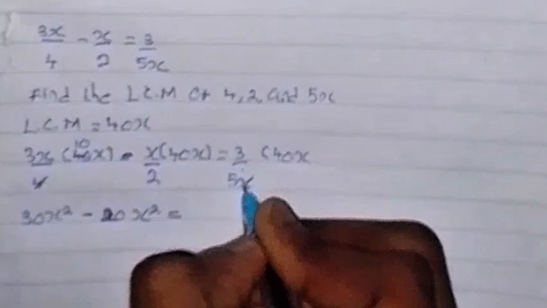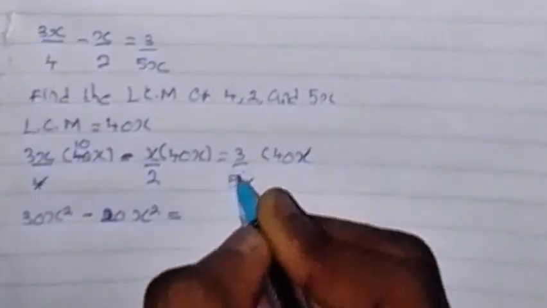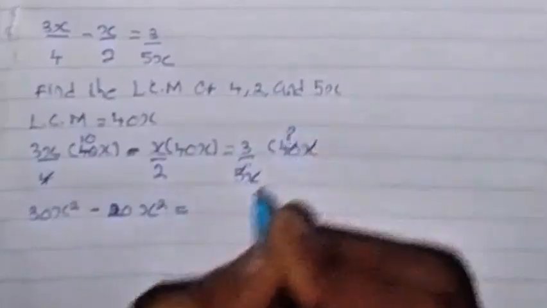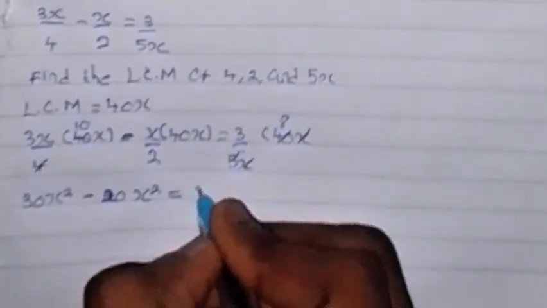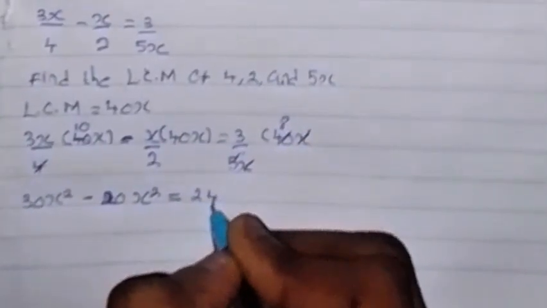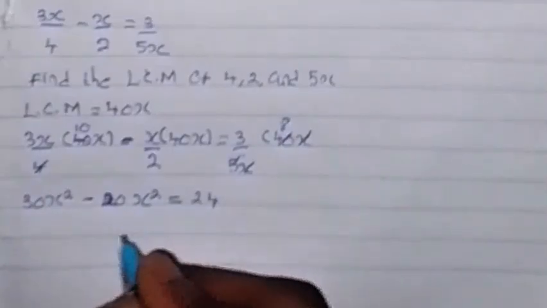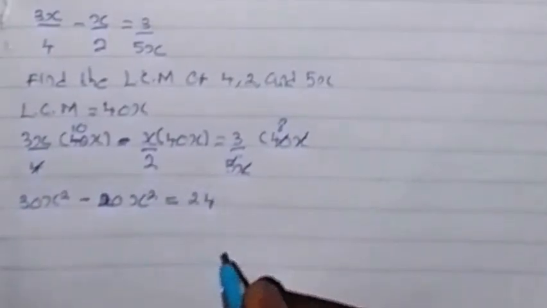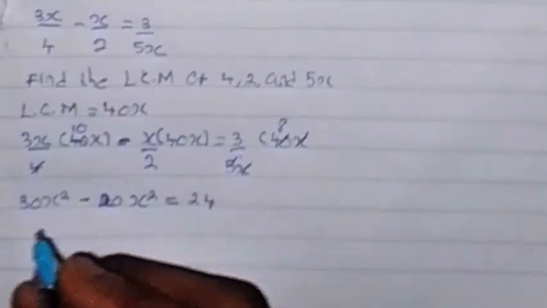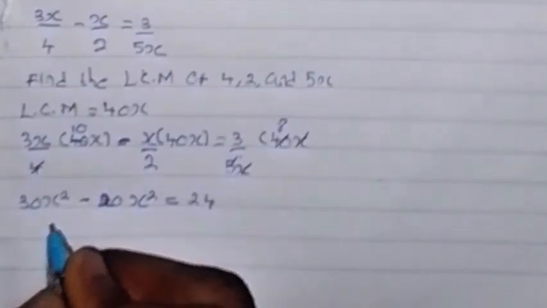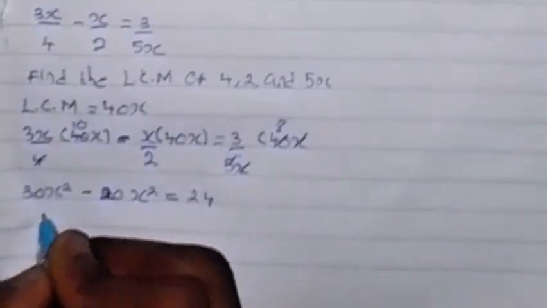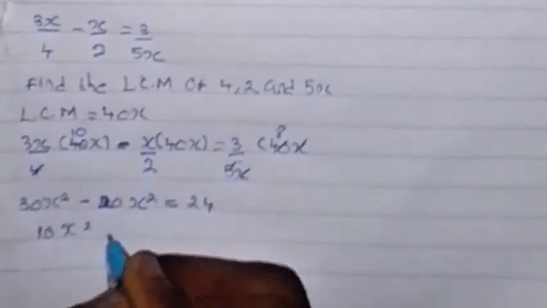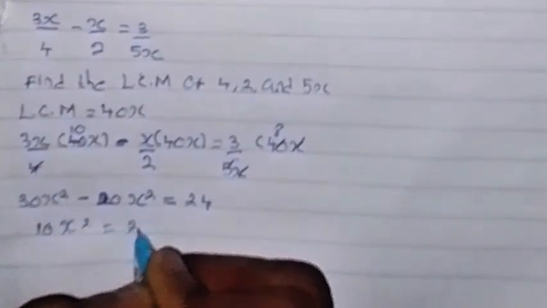Here, x can cancel itself. 40 divided by 5 gives us 8. 8 multiplied by 3 finally becomes 24. So we have 30x squared minus 20x squared is equivalent to 24. Now, 30x squared minus 20x squared gives us 10x squared, which is now equivalent to 24.